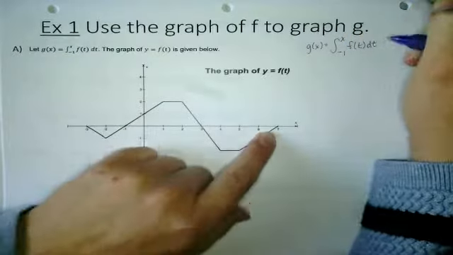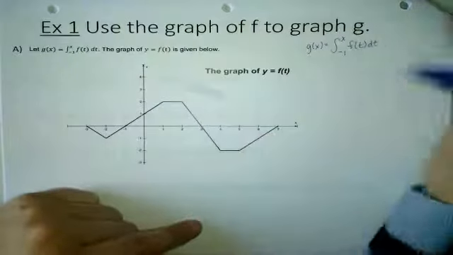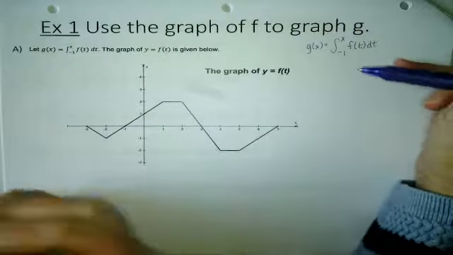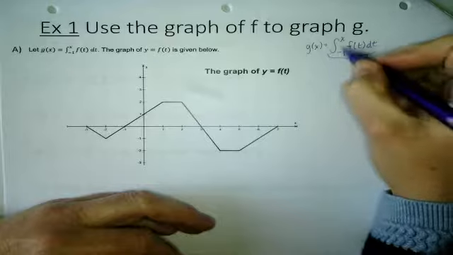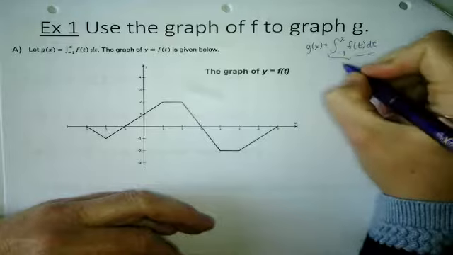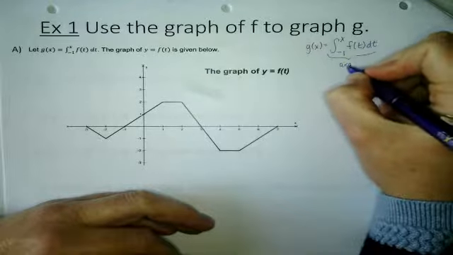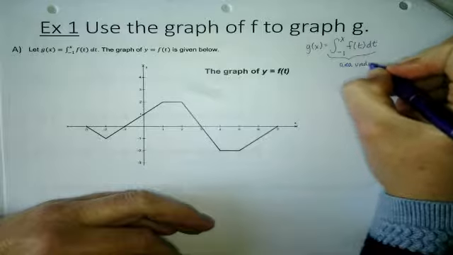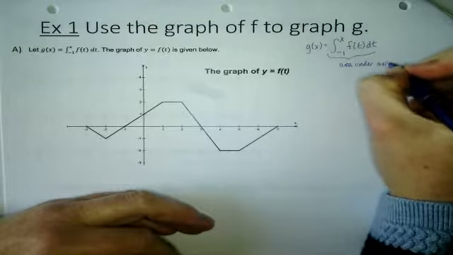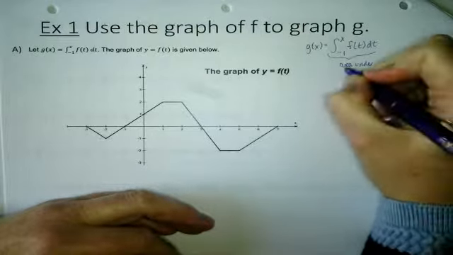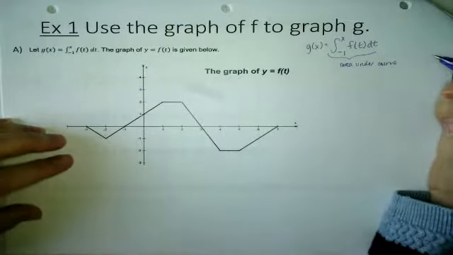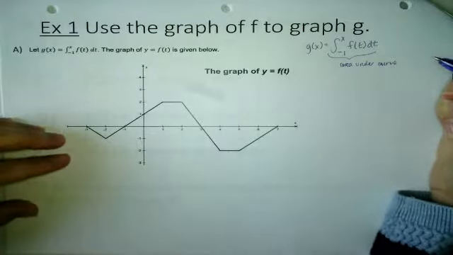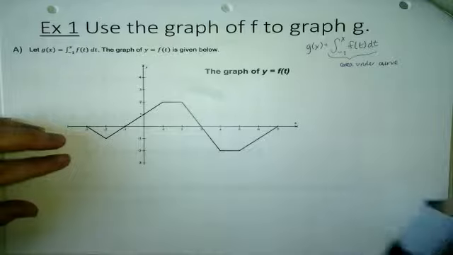This is f of t. And so remember, whenever you see an integral, especially one with boundaries, it really means the area under the curve. And in this case, that curve is a bunch of straight line segments, which means we can use some triangles and rectangles to approximate the area.